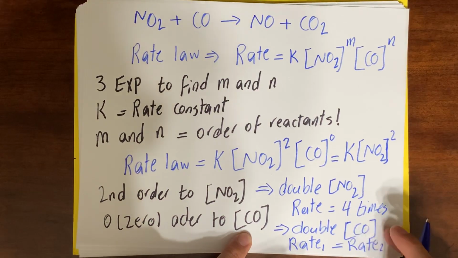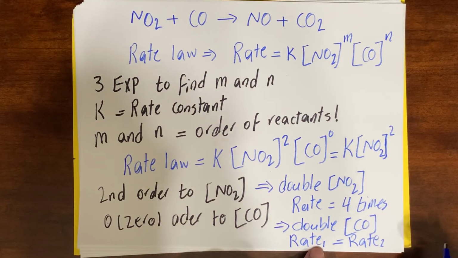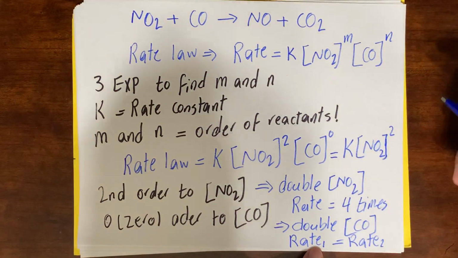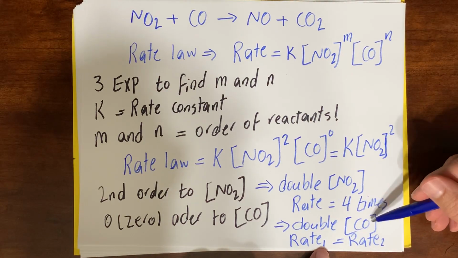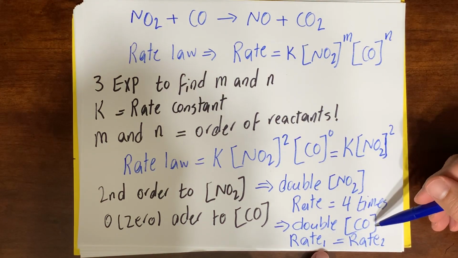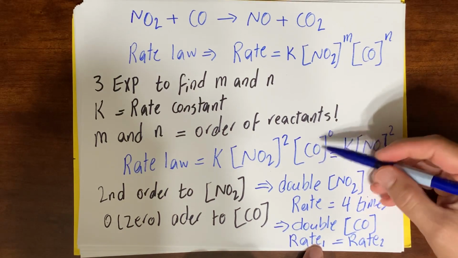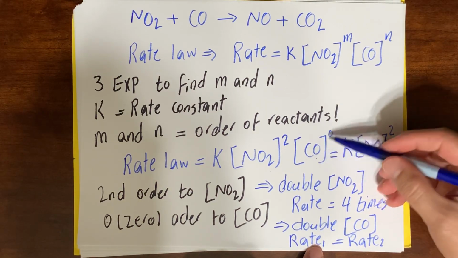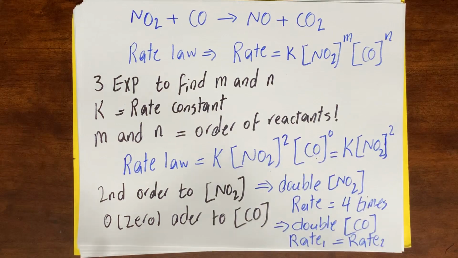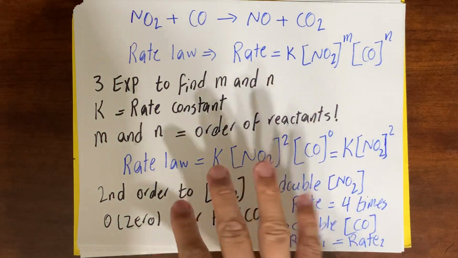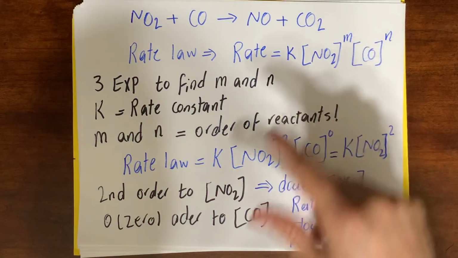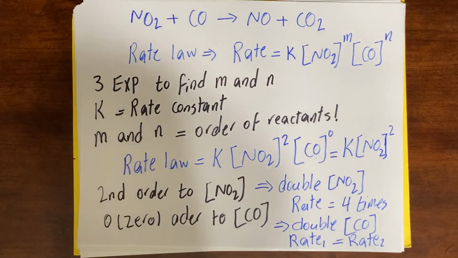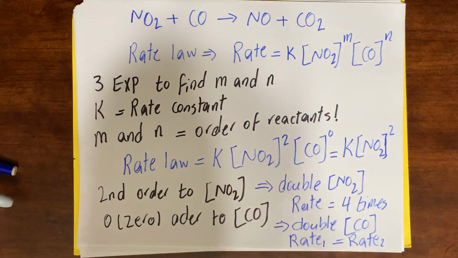Whatever you had at the beginning, or started with in the first experiment, you will get the same one after doubling the concentration of CO, because this exponent says 0. Let's dive into these coefficients, exponents, and try to understand them and find a way to calculate them.